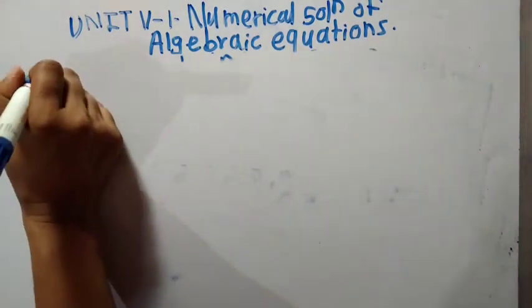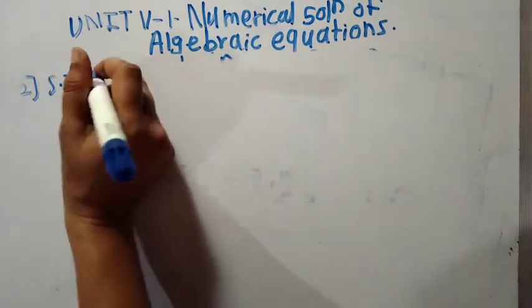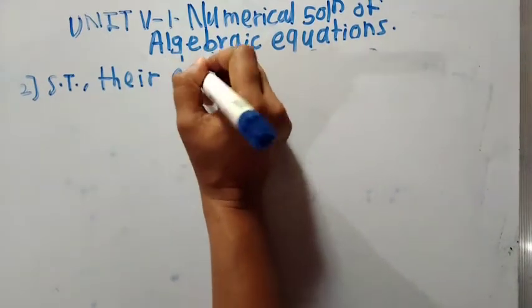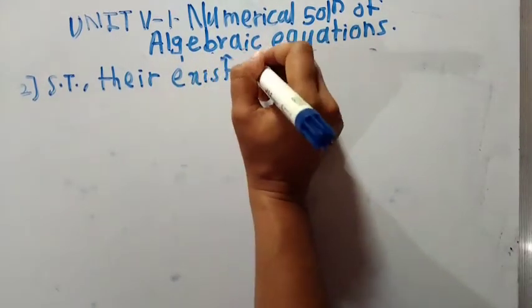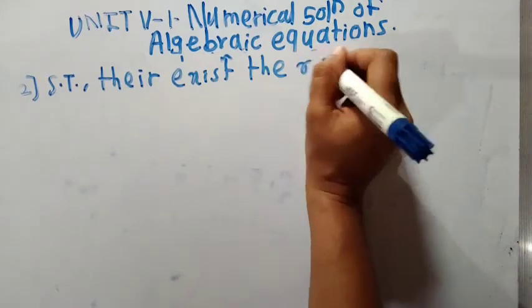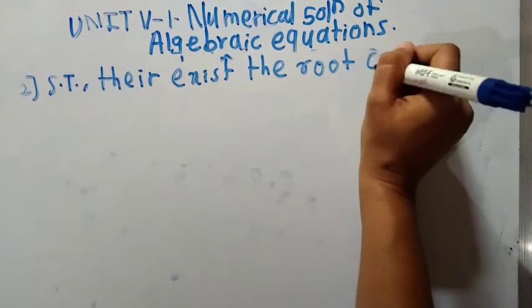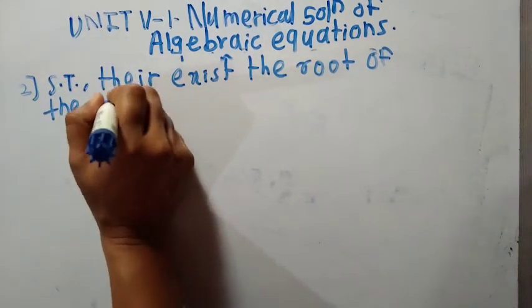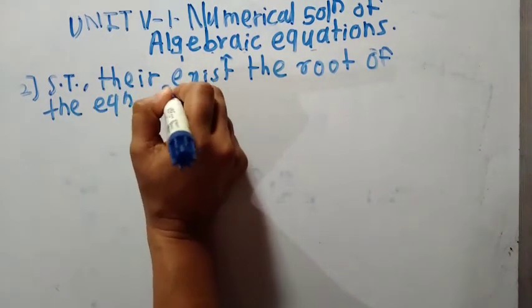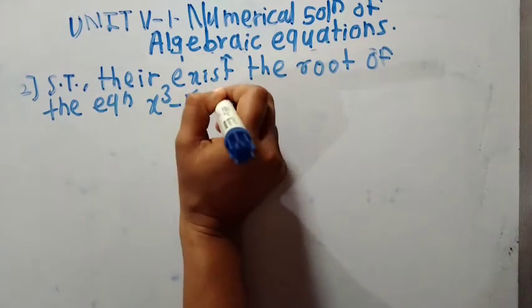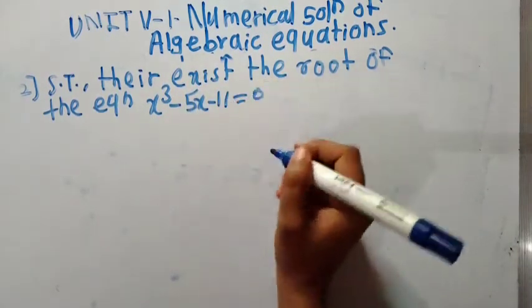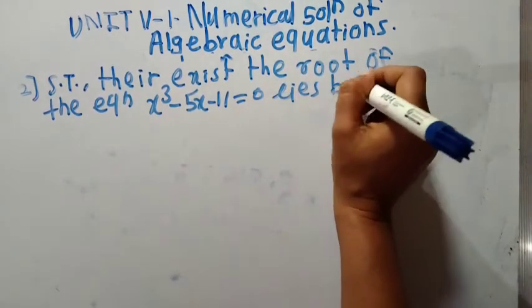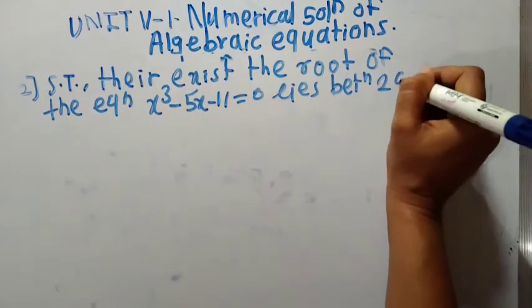Then second example, show that there exists the root of equation x cube minus 5x minus 11, which is equal to 0, lies between 2 and 3.